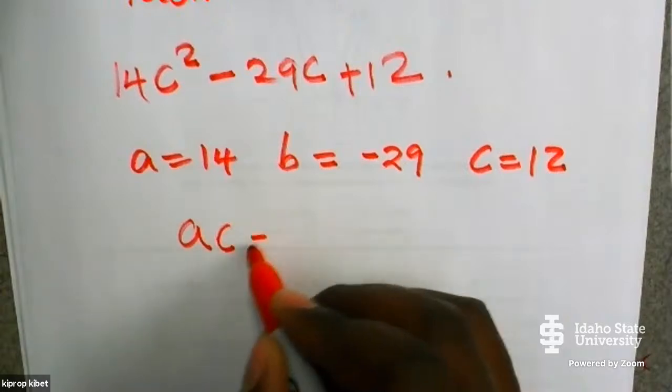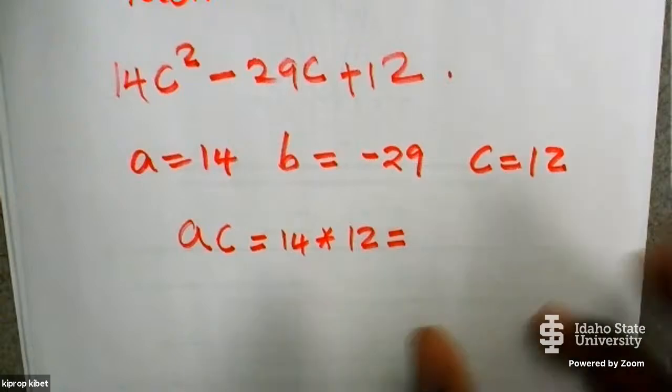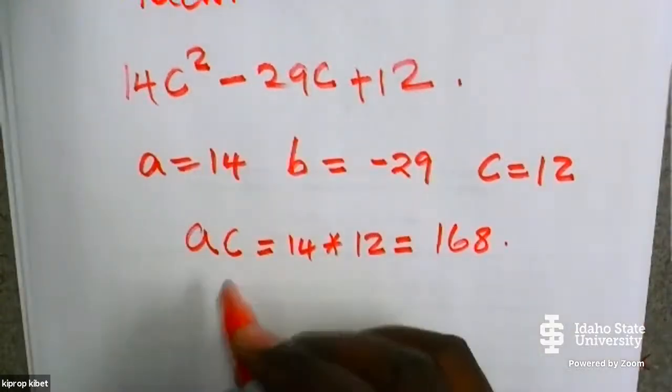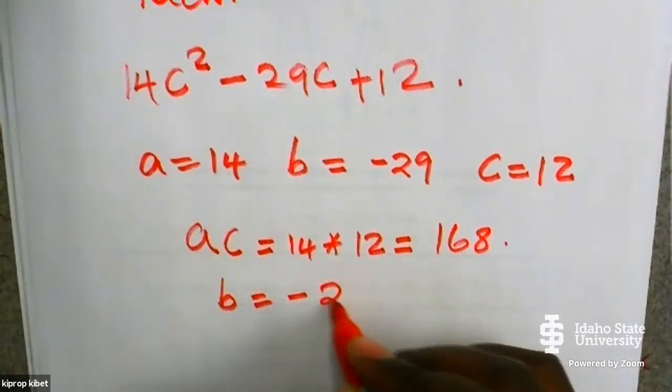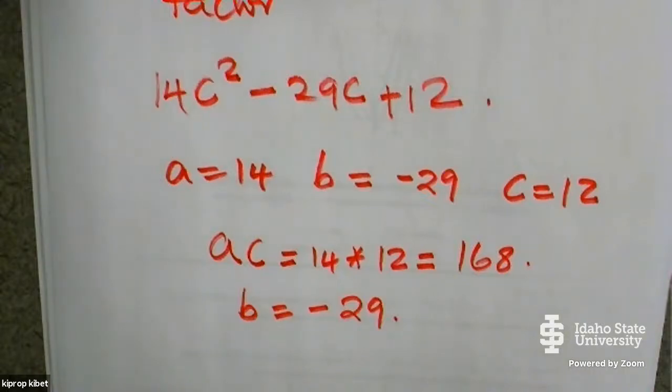A times C equals 14 by what? Which equals 168. And our B equals minus 29. So what are the two numbers whose product is 168 and sum is minus 29? 21 and 8.